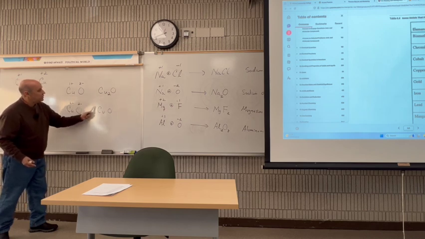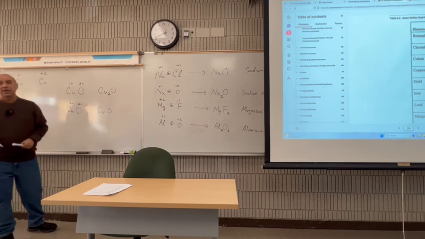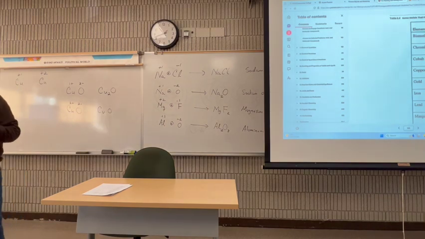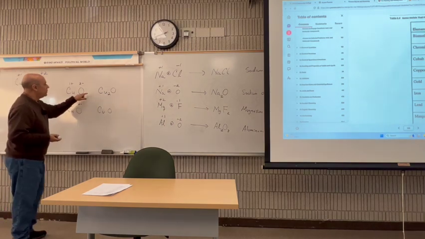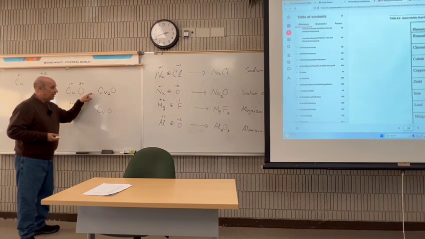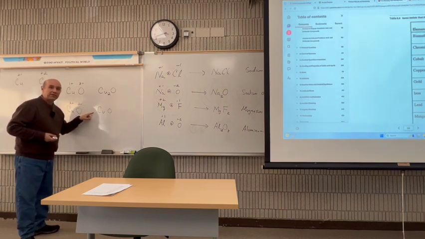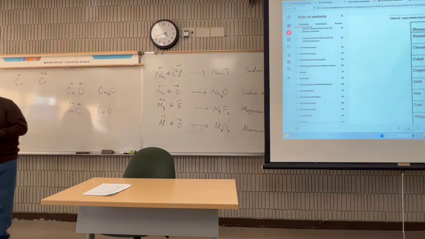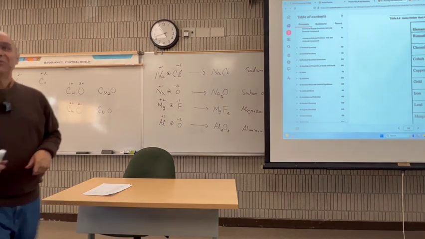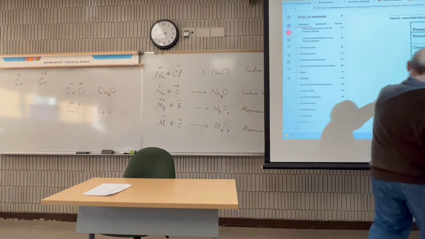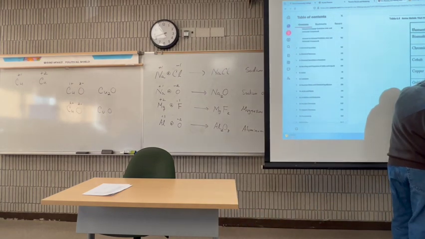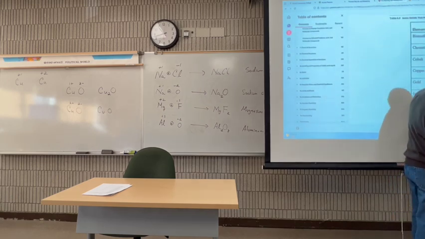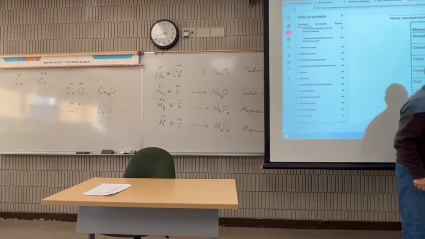How do we distinguish them by name? In the old system, which is no longer used, these used to be called cuprous, and these used to be called cupric. Today, to make it easier for people with accents like me, we use Roman numerals. If the copper in the formula is using the charge +1, we add a Roman numeral after the name of the element before we name the second element.